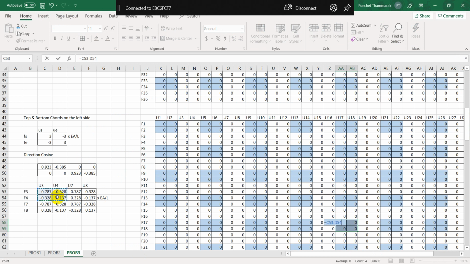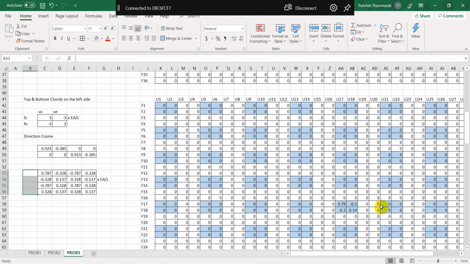So start here. I'll clean this up. 17, 18, and 21, 22.